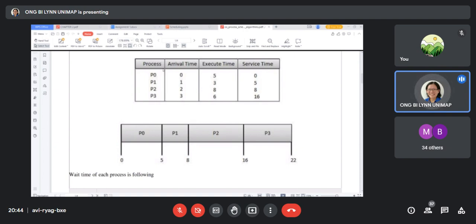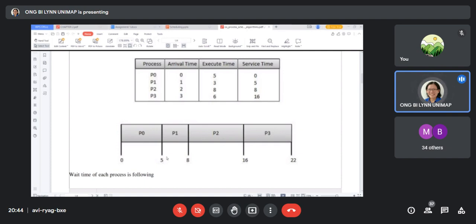Imagine you are going to Simat, let's say. Although all these are inside the queue, P1 entered the queue first, followed by P2, followed by P3. So it will execute in the order of P0, P1, P2, and P3.